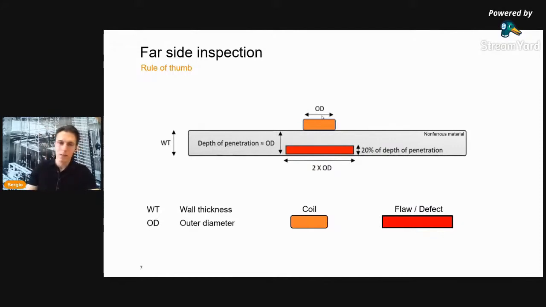And you will be sensitive to indications that penetrate at least 20% of this wall thickness from the far side, and that are maybe twice the volume of the coil, or twice the diameter. So you see it here illustrated. The red part is the flaw, the defect, and it's roughly twice as long and 20% depth of penetration.